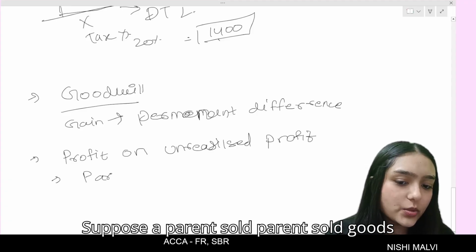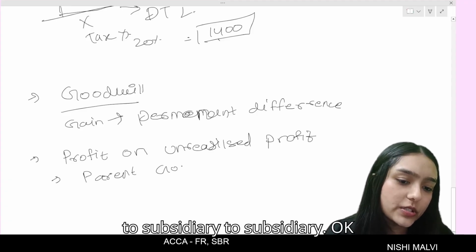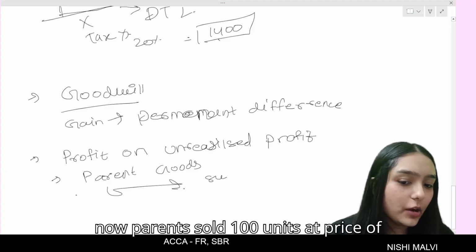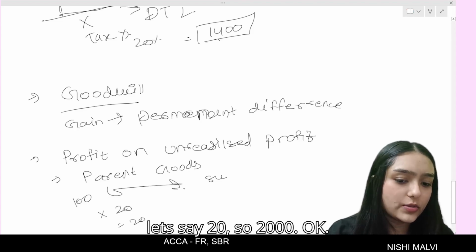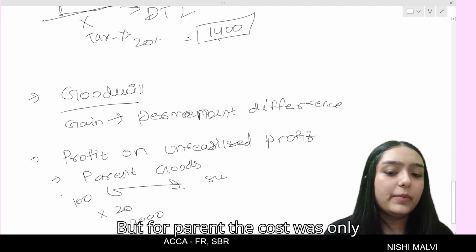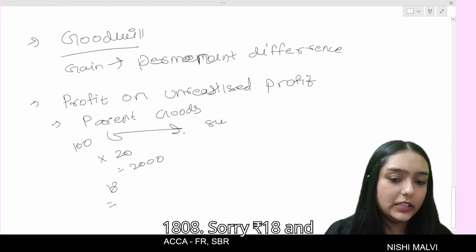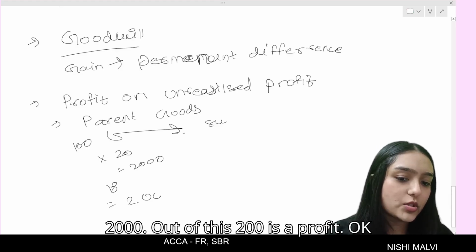Suppose a parent sold goods to subsidiary. Okay. Now parent sold 100 units at price of, let's say, 20. So 2,000. Okay. But for parent, the cost was only 18 rupees, and out of this 2,000, 200 is a profit. Okay.